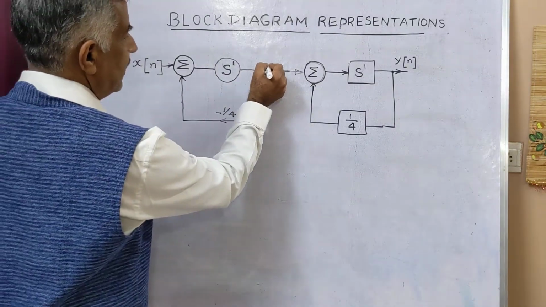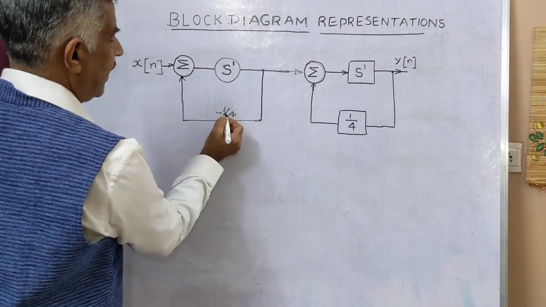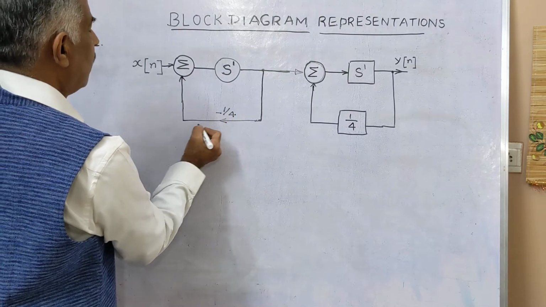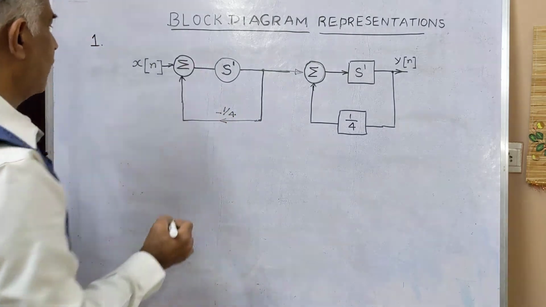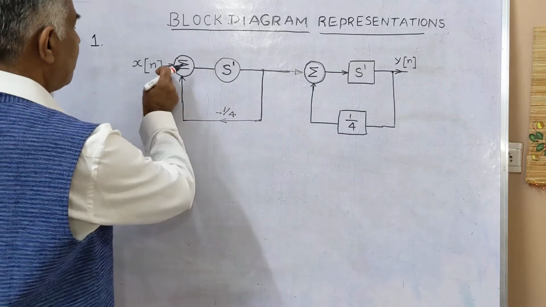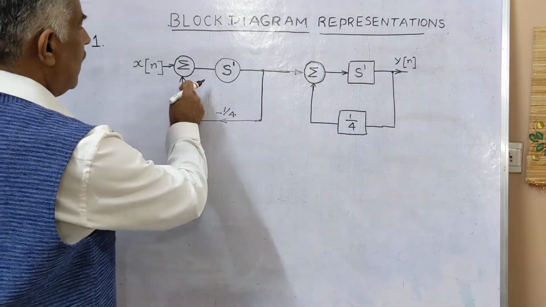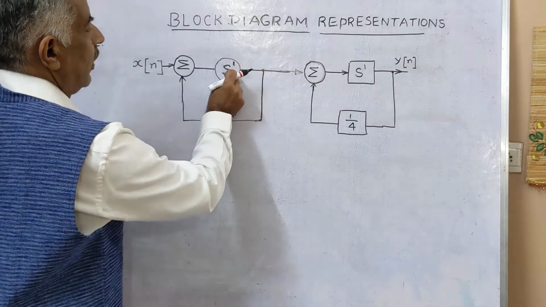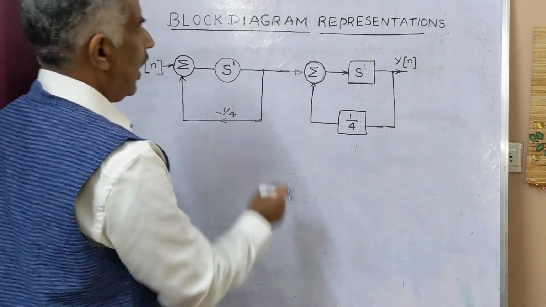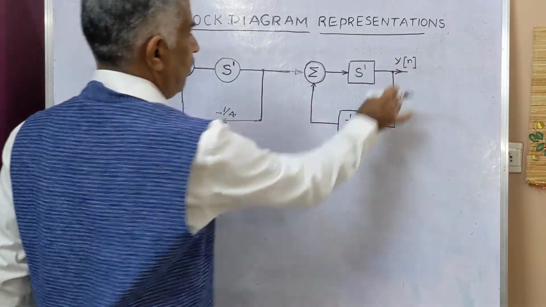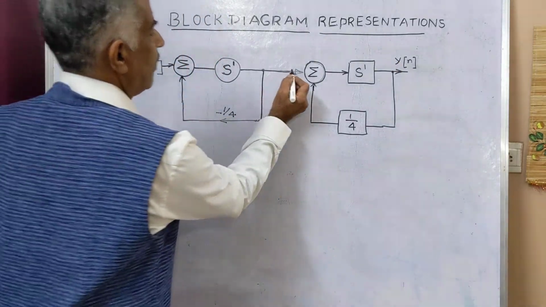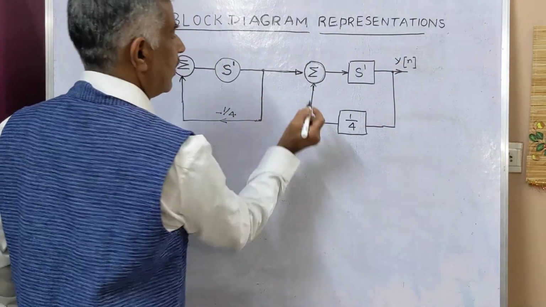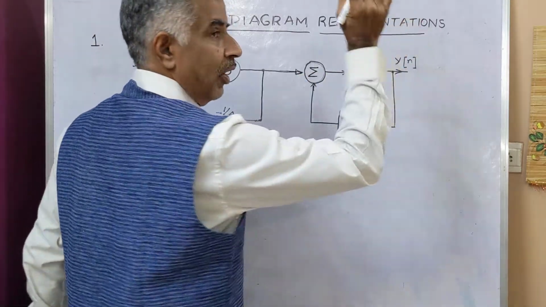The signal is tapped here, multiplied with minus 1 by 4 and fed to this summer. The summer receives this signal as well as this signal. The addition of these two signals is shifted by 1 unit and comes here, and that is fed to another part of the system. Another summer is here and this is the final output.